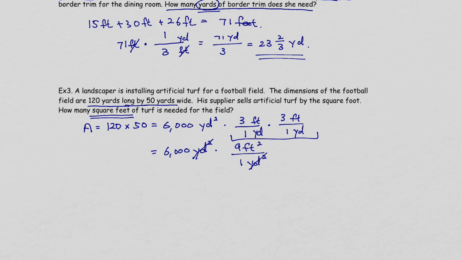Your solution will only have square feet. And now it looks like you're multiplying 6,000 times 9, where you will end up getting 54,000. So that will be the area with the given units.